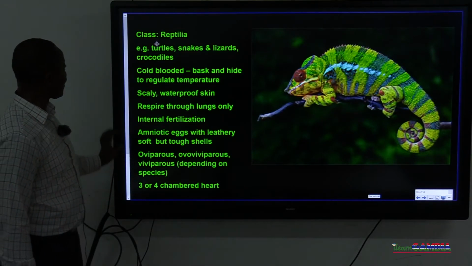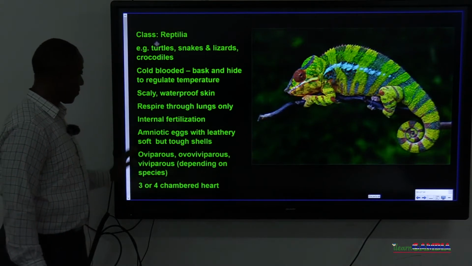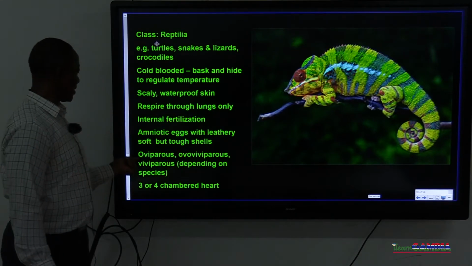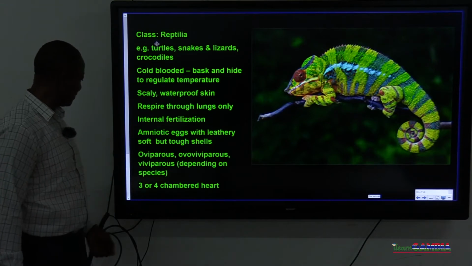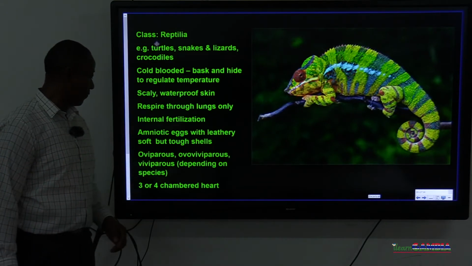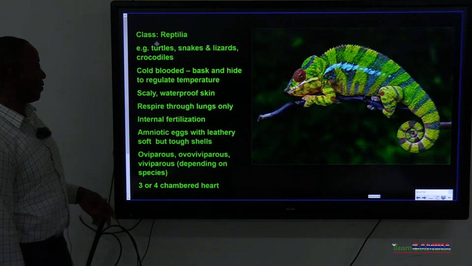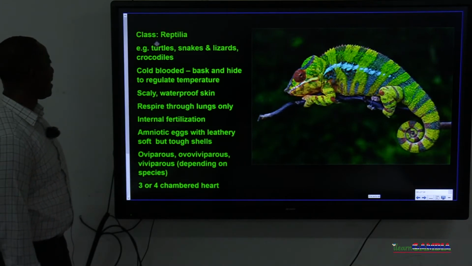So for reptilia, or the reptiles, they exhibit all these three depending on what species we are looking at. But the lizard practices oviparous reproduction, right? That's the only way they lay eggs. The number of chambers in the heart can be 3 or 4 because you have a diverse group of reptiles.